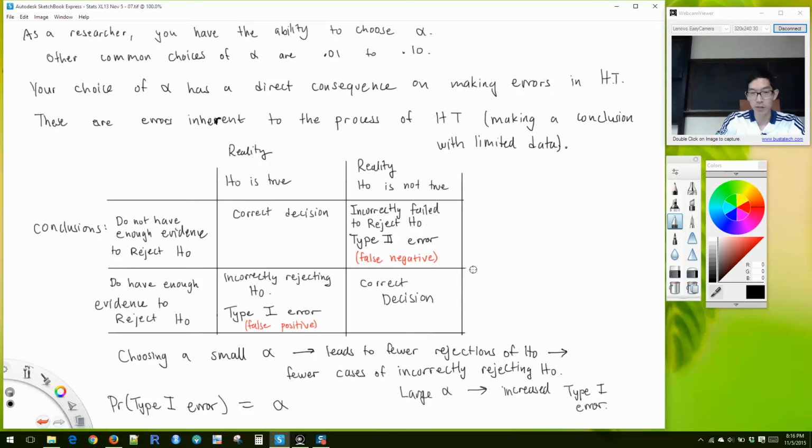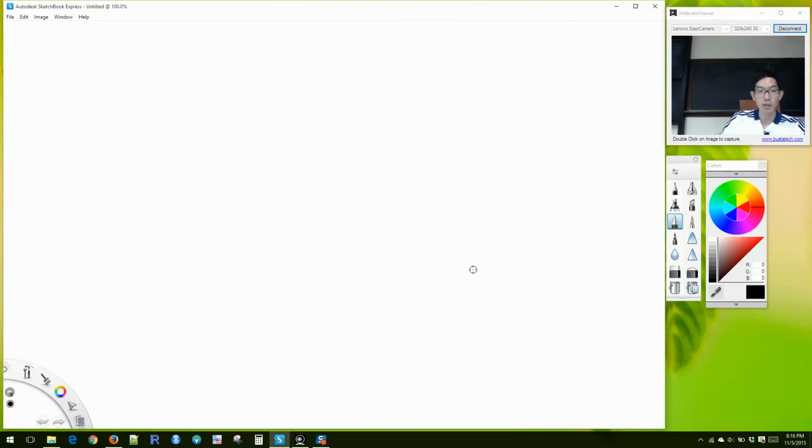So the probability of type 2 error is just assigned a character, beta. Okay, and I'm going to flip to the next slide. So the probability of a type 2 error is just assigned this character beta.